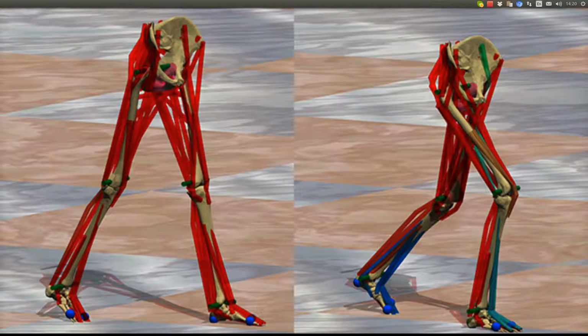So here's another example where locomotion modeling is useful. This is a project between Bill Sellers at the Animal Simulation Laboratory at the University of Manchester, and there were a number of other collaborators on this work.